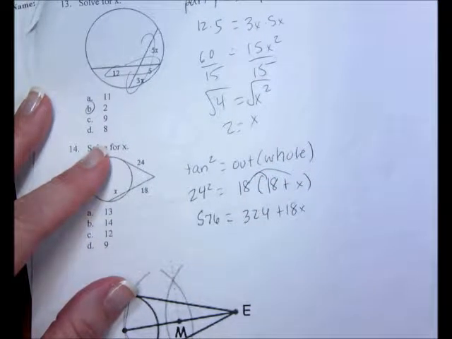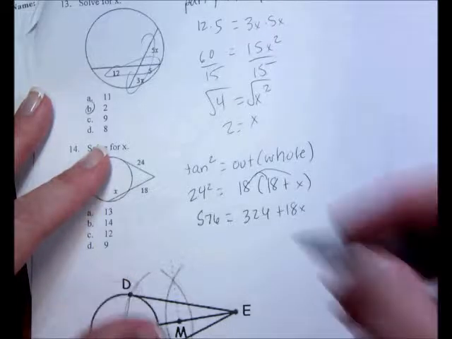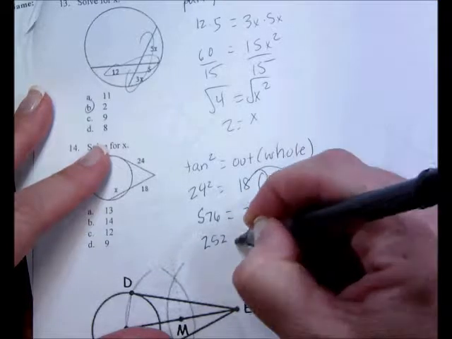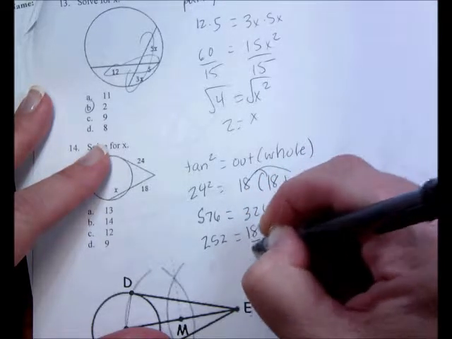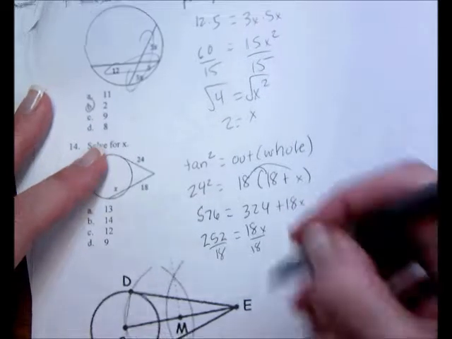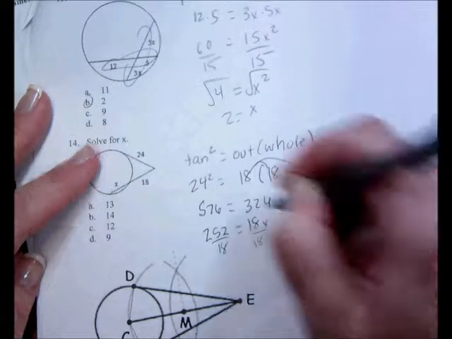Then I take 576 minus 324, and I'm left with 252 is equal to 18x, and then I divide both sides by 18, and I'm left with x is equal to 14.